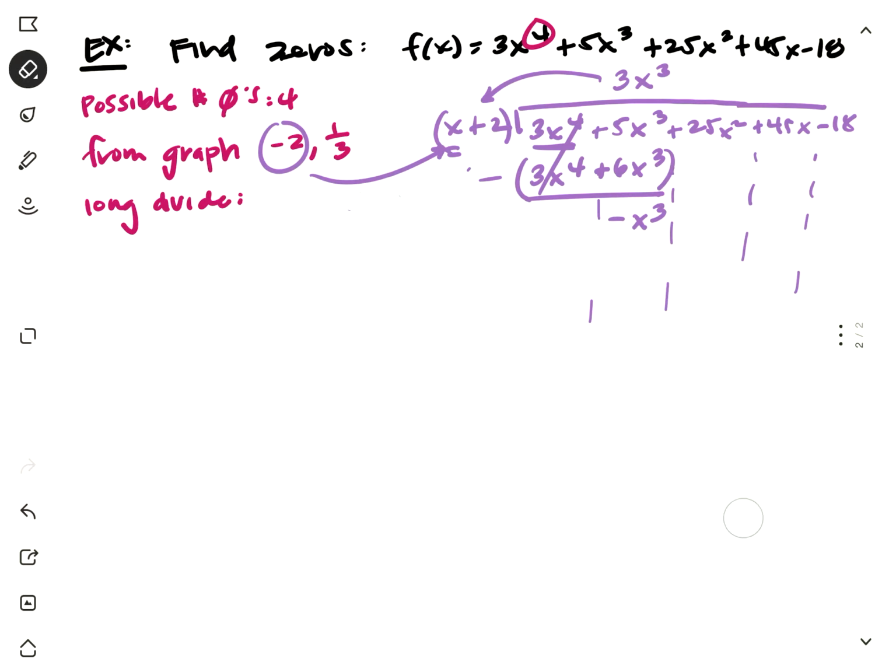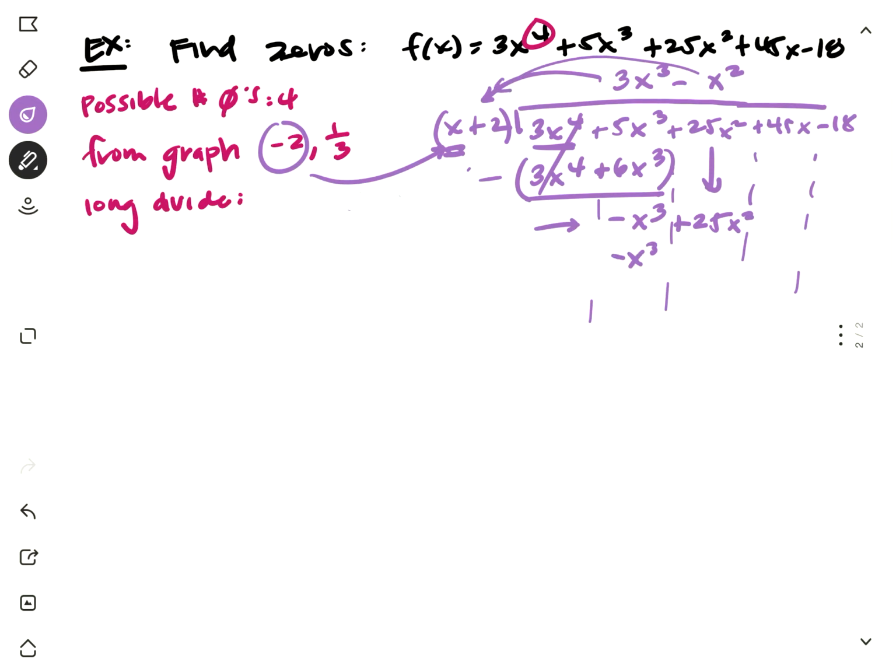Let me clean up down here. It's bothering me. And we're going to repeat the process. Oh, sorry. We're going to drop down the next term. And then we're looking at x. What times x is negative x cubed? That would be negative x squared. And then we multiply again into here.